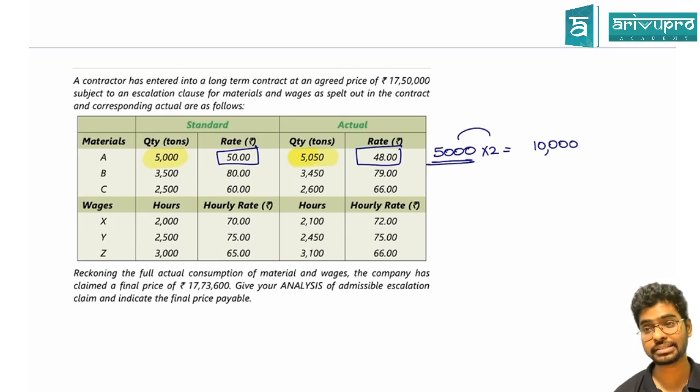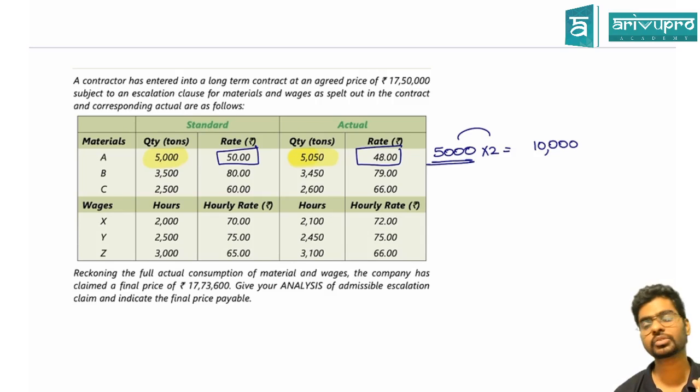Has he spent less? How much less? 1 rupee. Are you going to be taking 1 rupee out of 3,500 or 1 rupee out of 3,450? Is it 1 rupee out of 3,450 or 1 rupee out of 3,500?